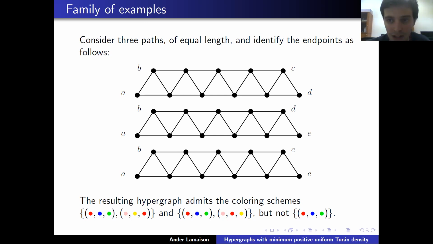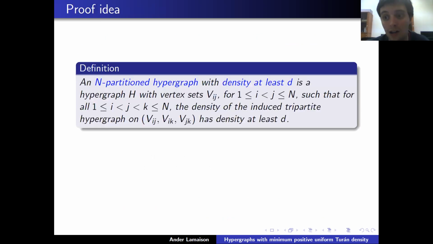Okay, so this is our infinite family of examples, and I guess that for now I should tell you some words about how to prove this statement, how to prove that if you admit these two coloring schemes, then you appear in all quasi-random hypergraphs with density greater than 1/27.